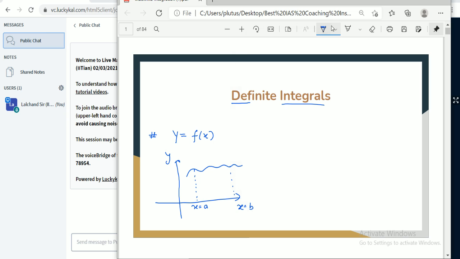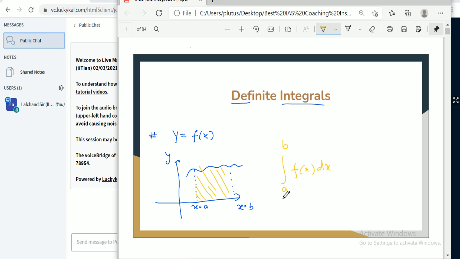So if we need to find the area under this curve, then we need to limit the integration from x equal to a to x equal to b. Then we have to find the integral of f(x) dx from a to b.